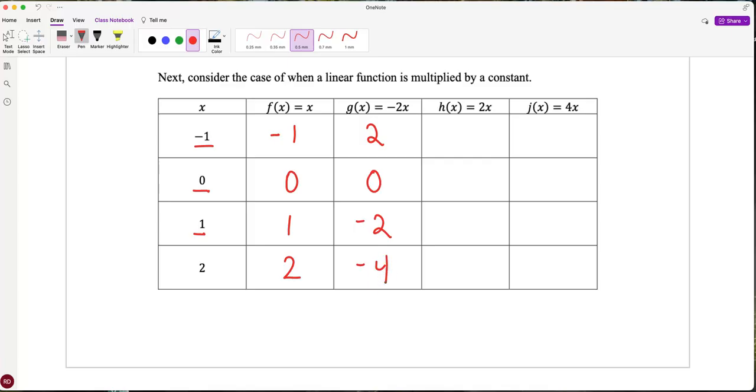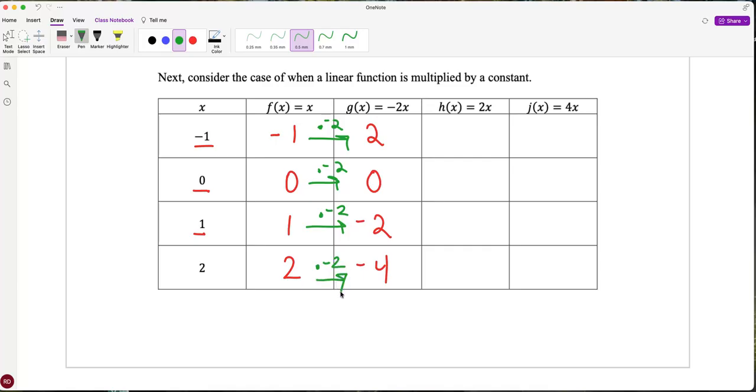So what is the transformation that takes me from this number to this? You're multiplying by -2. So you multiply by -2, times -2, times -2, times -2, okay?